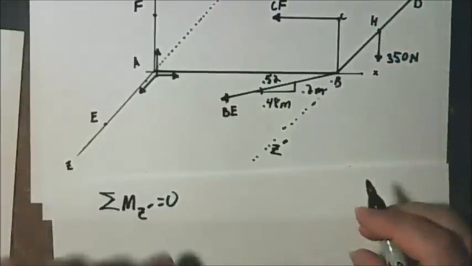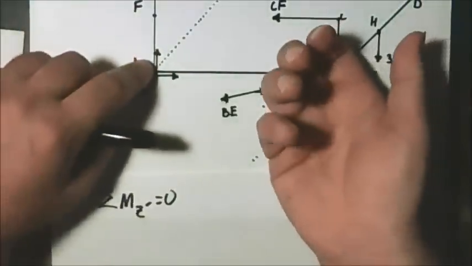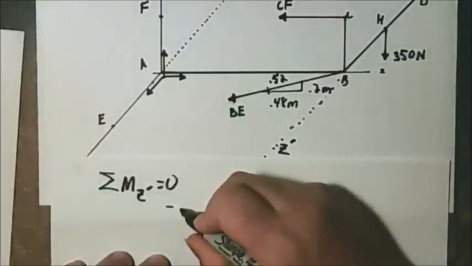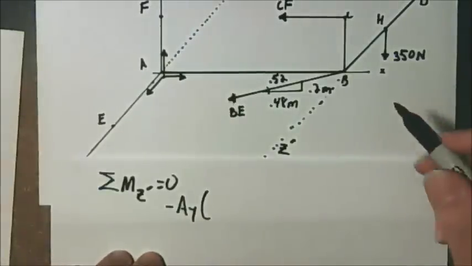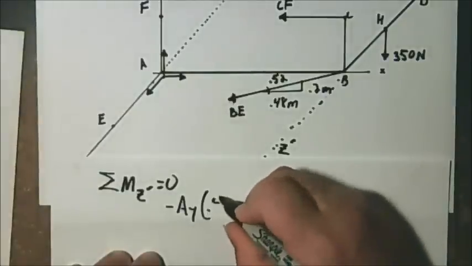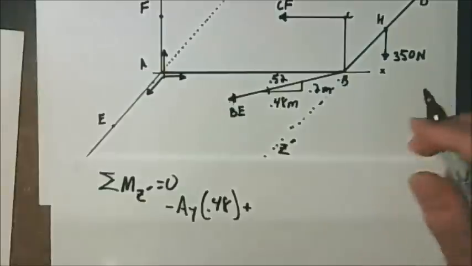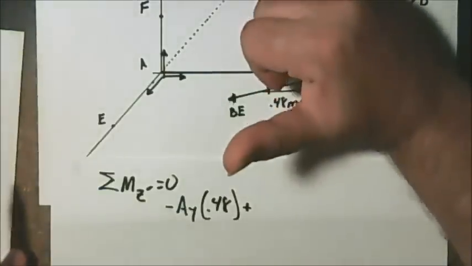Now, when we talk about Z prime, we have the Y component of the A reaction force creating a moment in this direction, which is the negative Z prime direction. So that's going to be negative AY times this perpendicular distance of 0.48 meters, plus this cable CF is creating a moment this way.